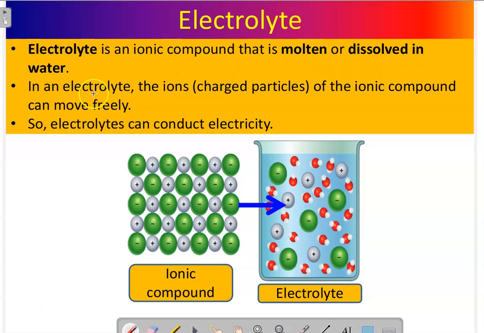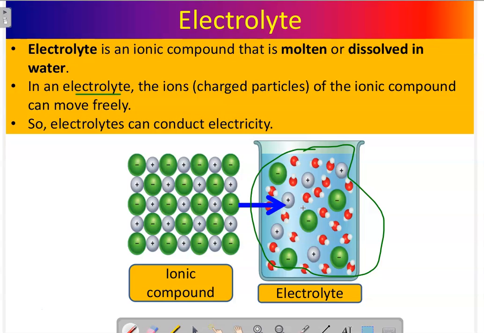Now, in an electrolyte, the ions or charged particles of the ionic compound can move freely, and so an electrolyte can conduct electricity. Like I explained before, once the ionic compound dissolves in water, the ions, as you see in this picture, are free and can move around and carry electric current, and therefore can conduct electricity.